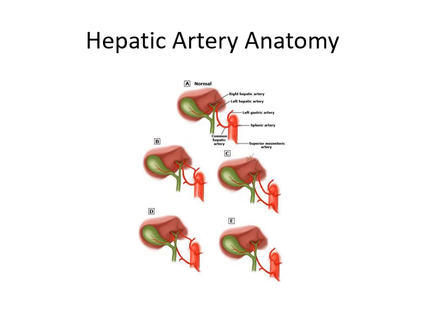In picture D here, we see that the left hepatic comes from the left gastric, and there is no main hepatic artery, and the right hepatic comes from the superior mesenteric. This is also a completely replaced right hepatic, but there is no main hepatic artery, and the left hepatic is supplied from the left gastric.